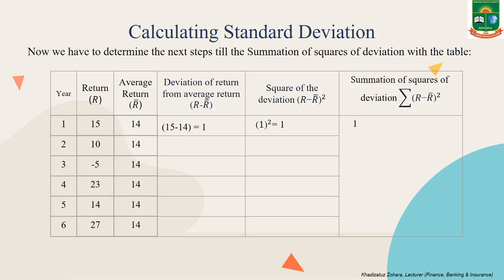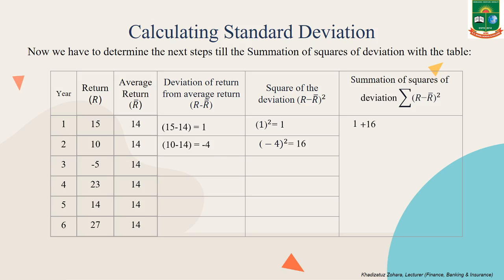Then we are going next row, 10 minus 14 equals -4. Square of the deviation R minus R bar square, -4 square equals 16. Then we are writing it in the last column, plus 16.